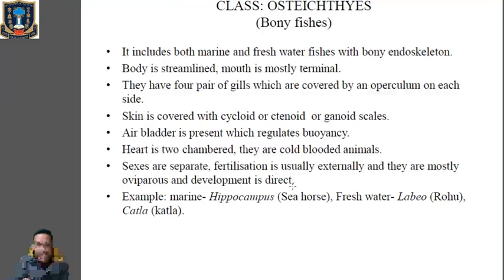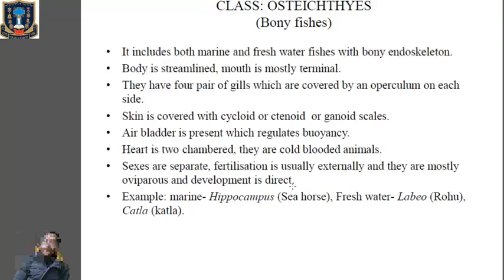Fertilization is usually external. External means the male and the female release the gametes in the surrounding medium, mostly in water. The female will lay the eggs in the water, and at the same time the male will release the male gametes in the water body. So the fusion of gametes occurs outside the body, in the external environmental condition, and that is why it is called external fertilization.